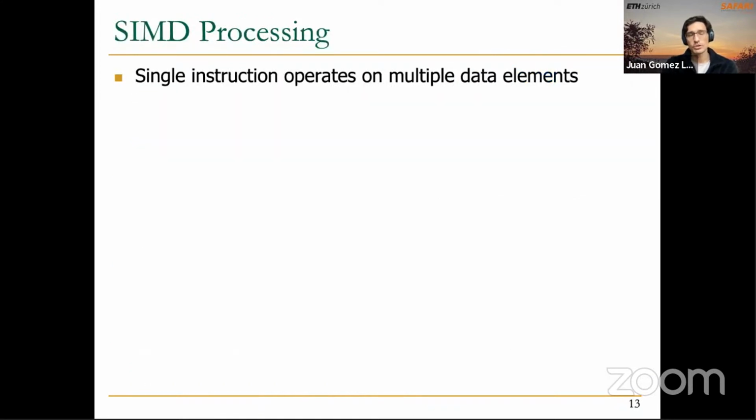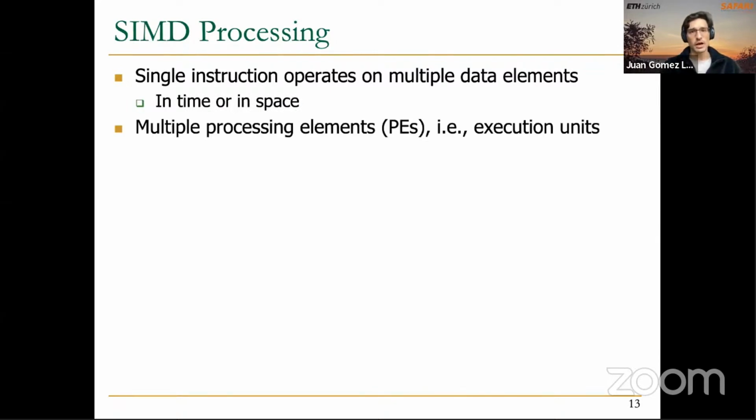So again, SIMD processing consists of a single instruction operating on multiple data elements, and this may happen in two different ways, or a combination of both: in time or in space. Let's see how. For now, let's assume that we have multiple processing elements, or PEs, or execution units, and these execution units will execute the same instruction at the same time on multiple data elements.